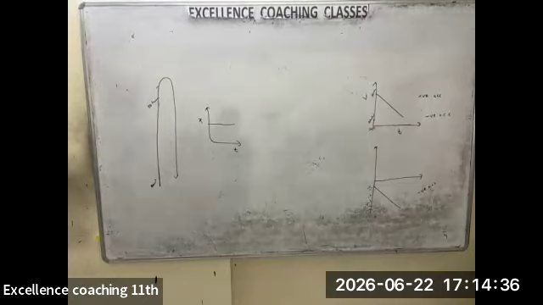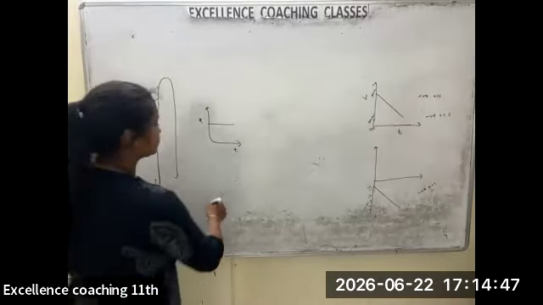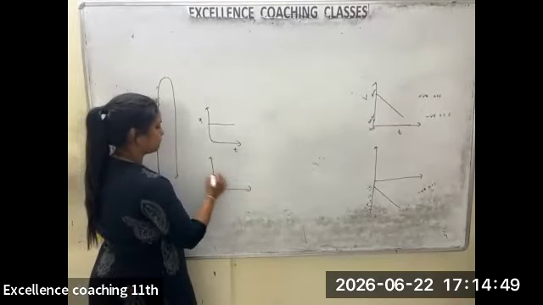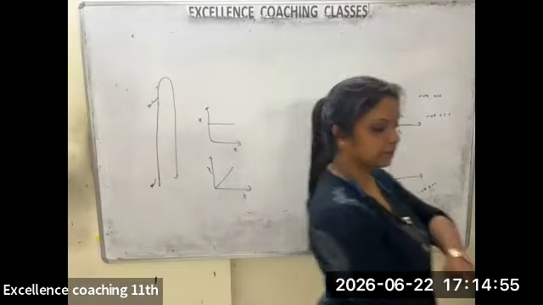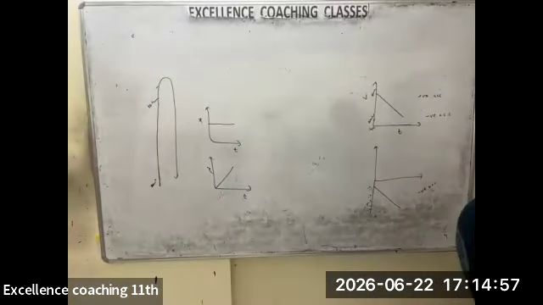Displacement upon time, or change in displacement upon time. So equal distance is covered in equal intervals of time. So how will the graph be? You must have got a brief idea, right? This type of question you get.